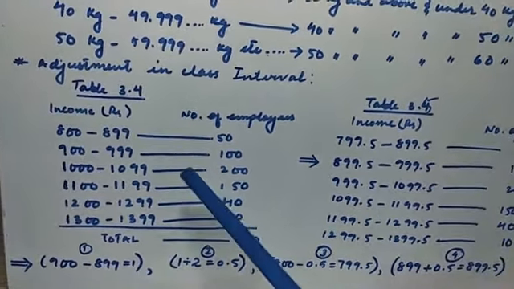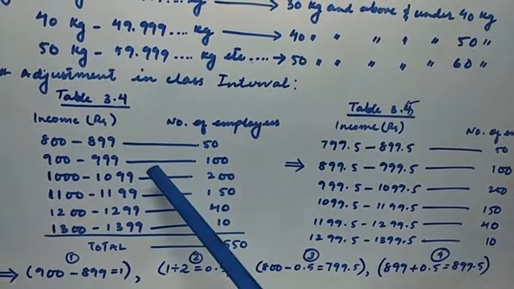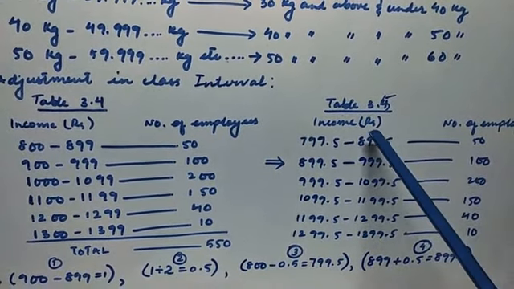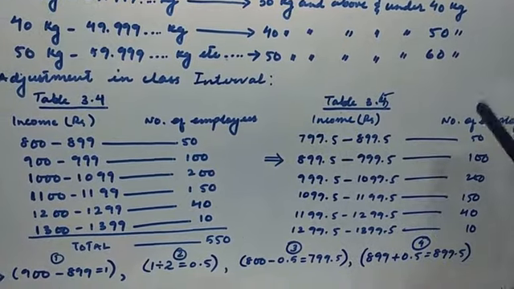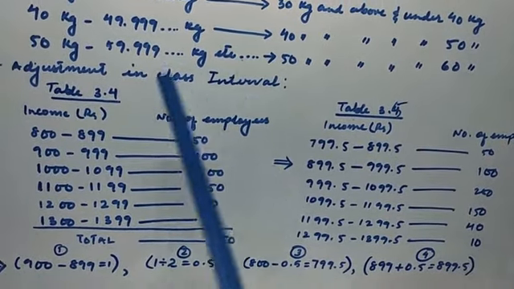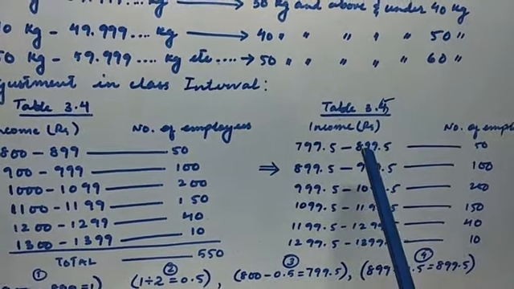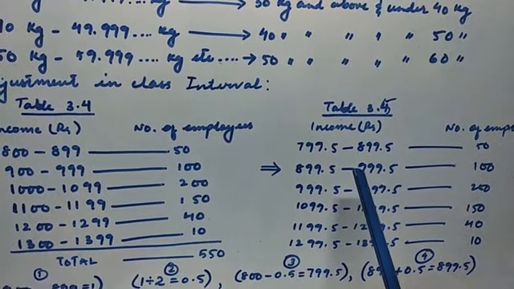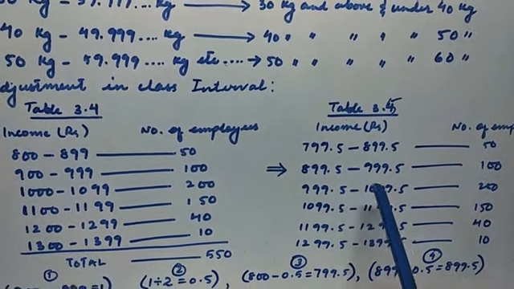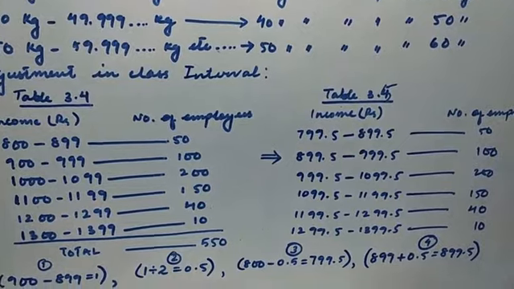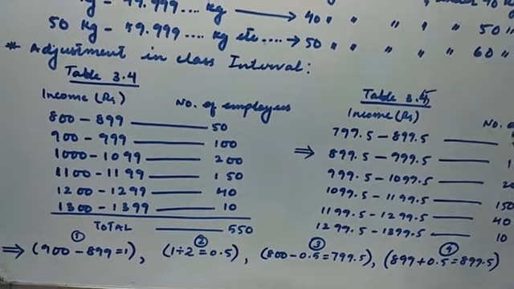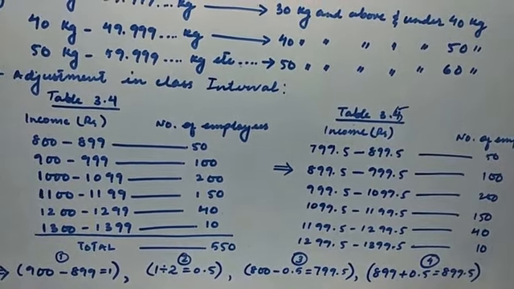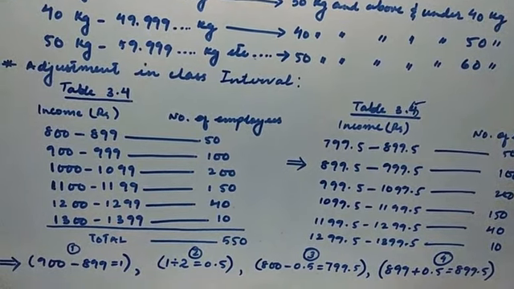So what is the difference between table 3.4 and table 3.5? Taking this table, we have adjusted the class interval by following some methods. In order to adjust the class interval, what should we first do?